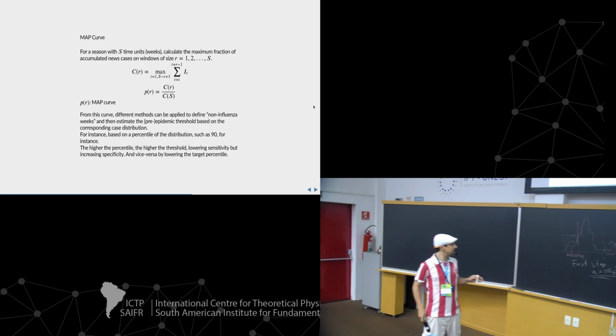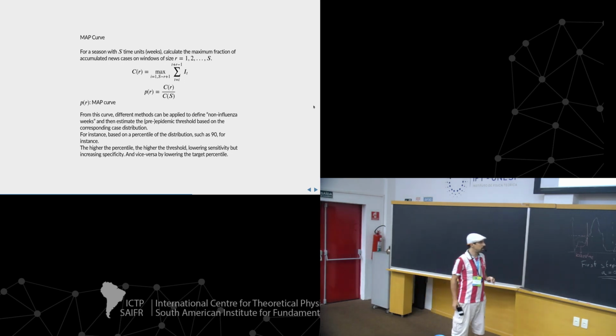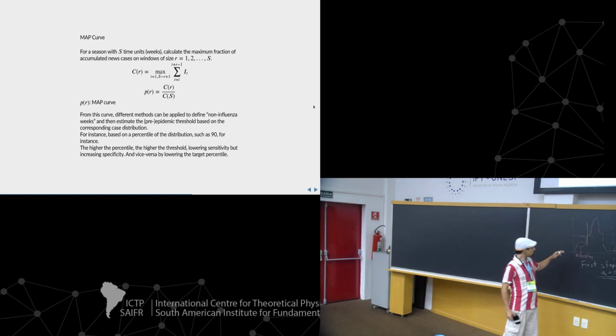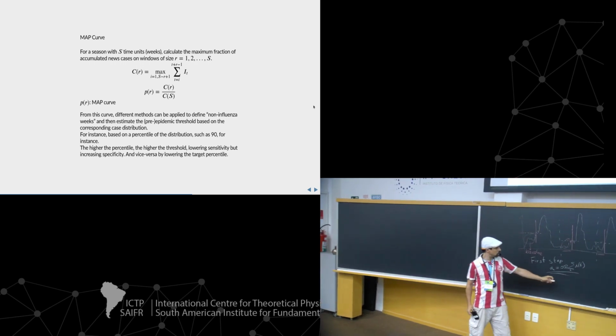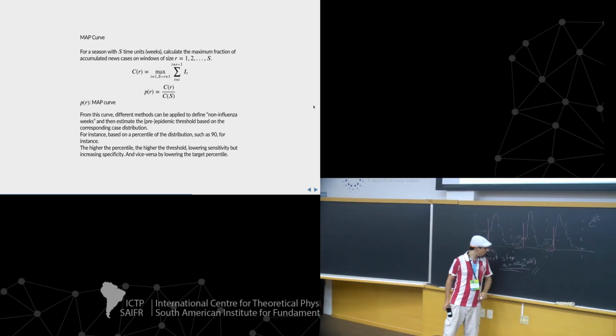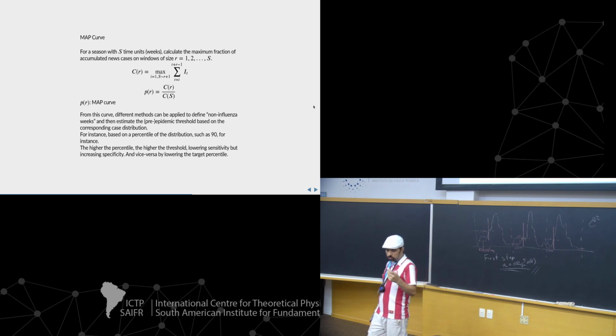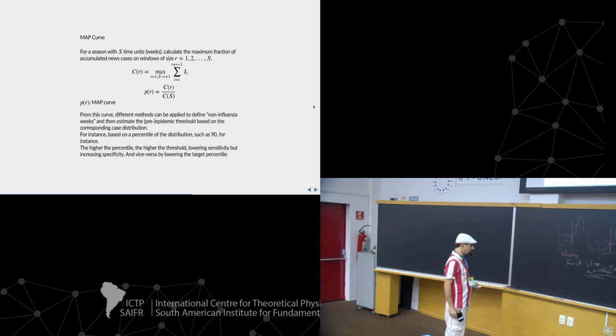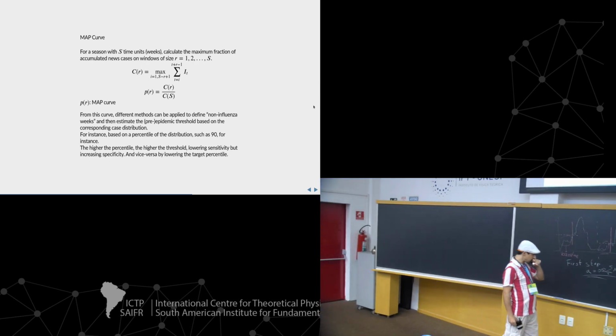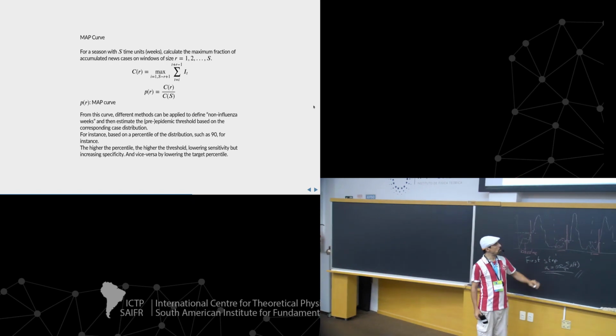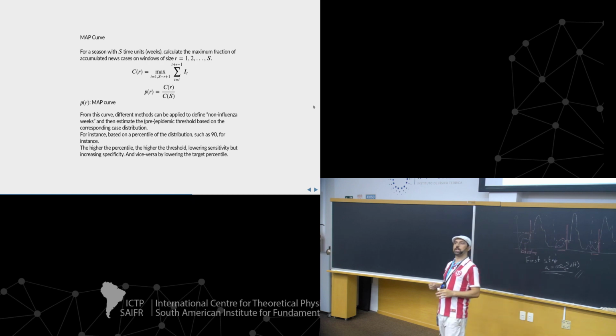But instead of predefining a percentage of my total season cases, I will look at when I have the larger number of accumulated cases.